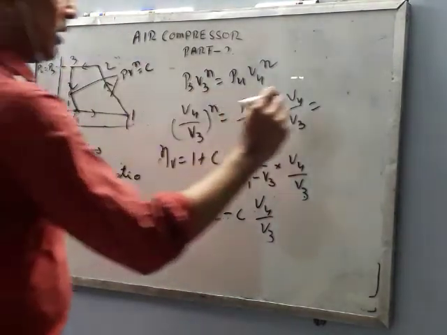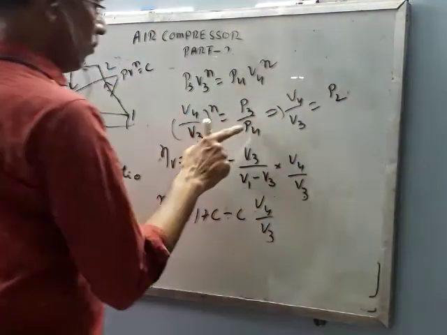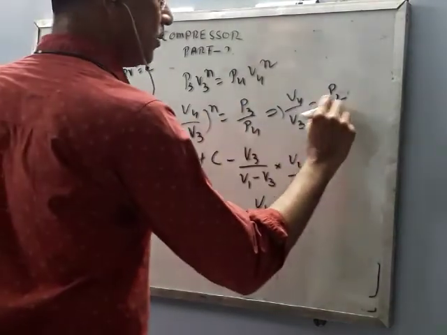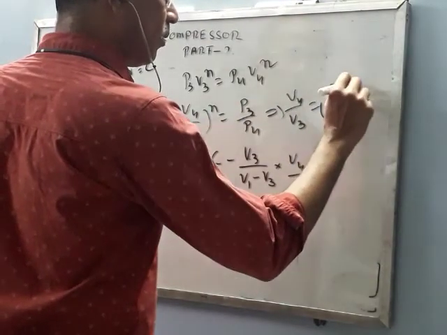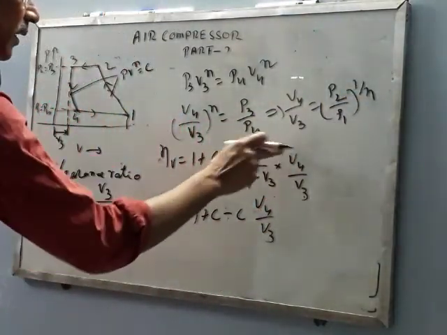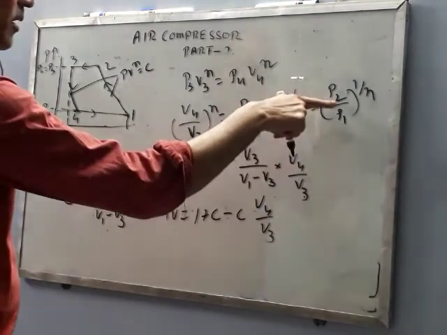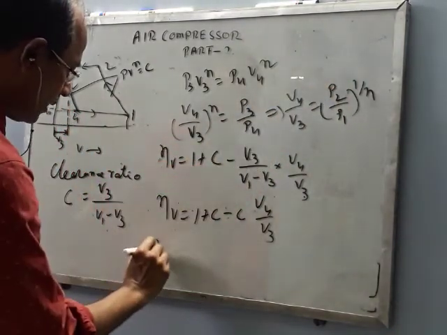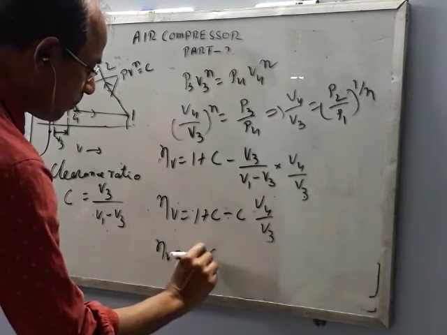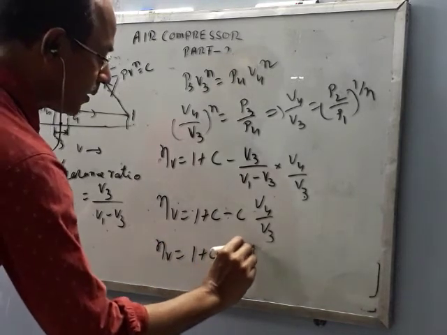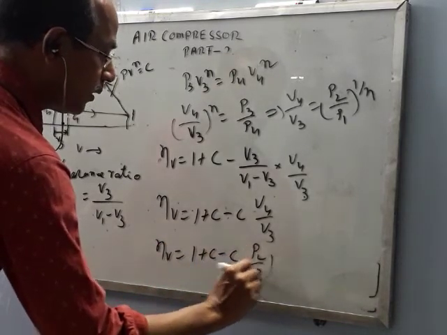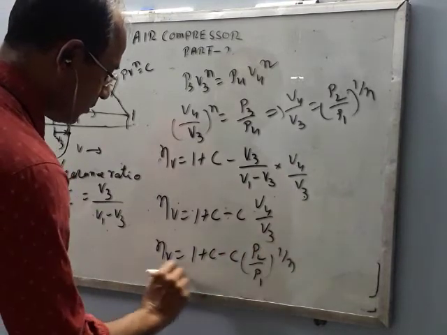P3 is equal to P2. And what is P4? P4 is equal to P1. So P2 by P1 to the power 1 upon n. So V4 by V3 is replaced by P2 by P1 to the power 1 upon n. So eta volumetric efficiency is 1 plus C minus C P2 by P1 to the power 1 upon n. So this is the complete result.